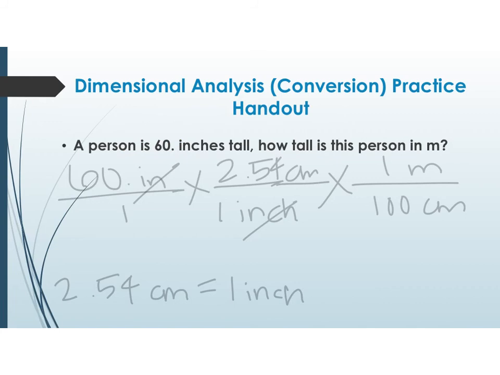Again, you could look at the stair steps for that, or you might just also know that there's 100 centimeters in 1 meter. Awesome. And then our calculator would spit out to us 1.524. However, like we said, we can only have 2 significant figures, so we need to round this to just 1.5 meters to have 2 sig figs.